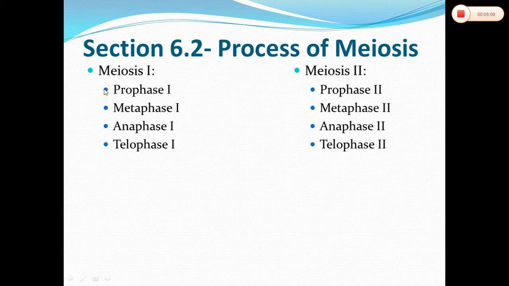You will find prophase, metaphase, anaphase, telophase, but it is repeated in two stages. The first difference between meiosis and mitosis: mitosis has just one stage, pro, meta, ana, telo, while meiosis has two stages, meiosis 1 and meiosis 2, each one consisting of 4 phases.